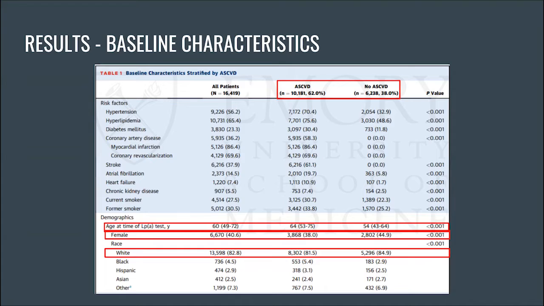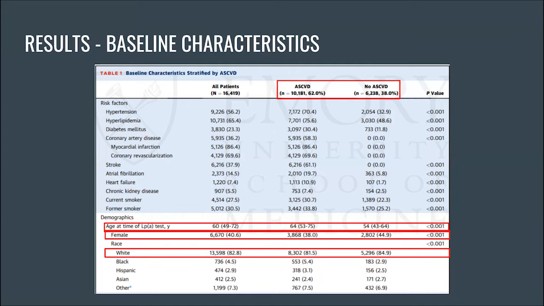About 80% of the ASCVD group had a previous myocardial infarction, with 70% having coronary revascularization. But a lot of the different cardiovascular disease risk factors, including stroke, AFib, heart failure, as you can see from the p-values on the right, were all statistically significant in terms of the difference compared to the non-ASCVD group.